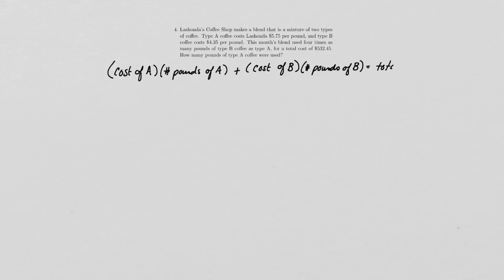I can think of it as the cost of type A times the number of pounds of A plus the cost of type B times the number of pounds of type B is going to be equal to the total price.